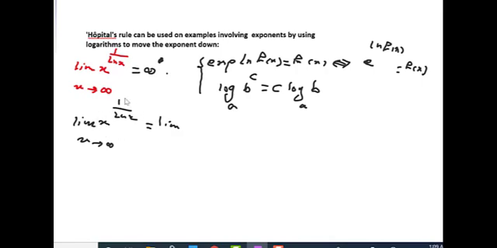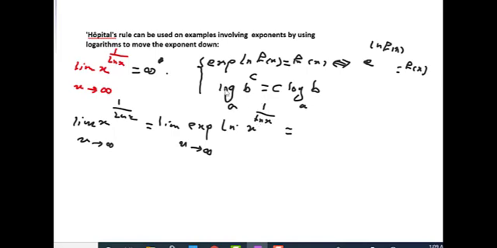If I suppose that this is f(x), I can write the limit of f(x) as the limit of the exponential of ln of f(x), x power 1 over ln x, when x approaches infinity.